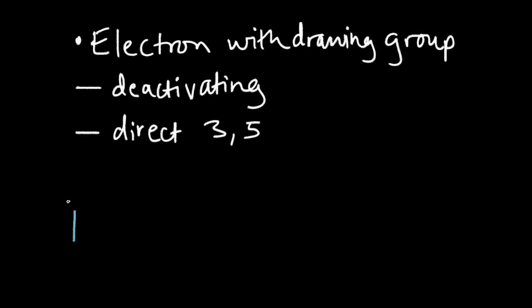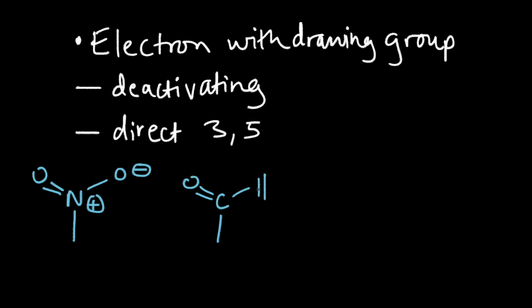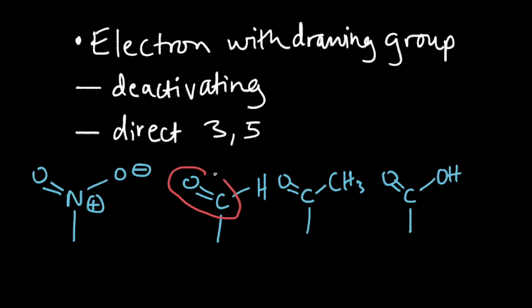So some examples of these are the nitro group, which we just looked at. We could also have a carbonyl, so maybe an aldehyde or a ketone or a carboxylic acid. Basically any structure that has this CO double bond or an NO double bond can withdraw electron density out of the ring.